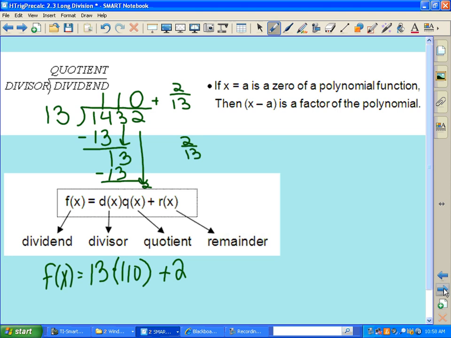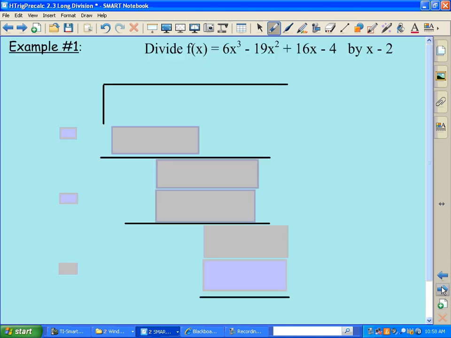So let's see if we can look at the first problem. I've got a nice little setup so you have a visual aid as to where pieces are falling. It says divide 6x cubed minus 19x squared plus 16x minus 4 by x minus 2. So whatever I'm dividing by goes outside. Whatever I'm dividing into, or I want to break down, goes underneath. So the big piece should go underneath.